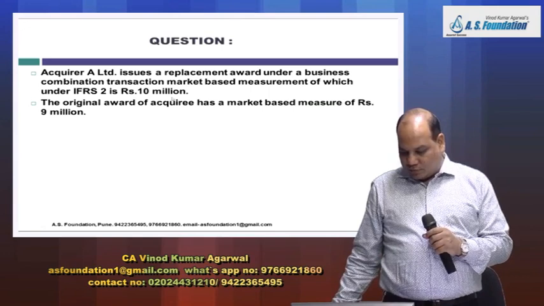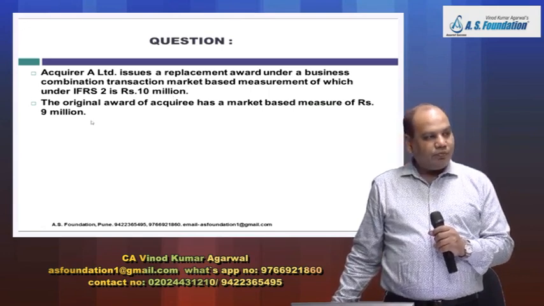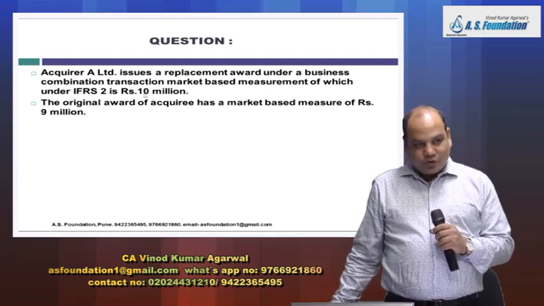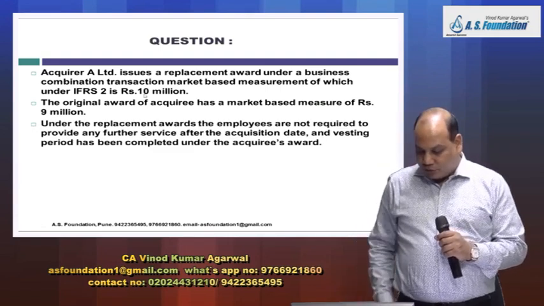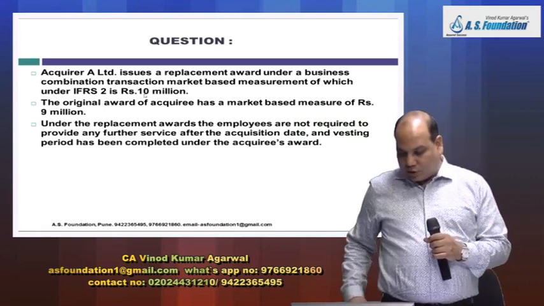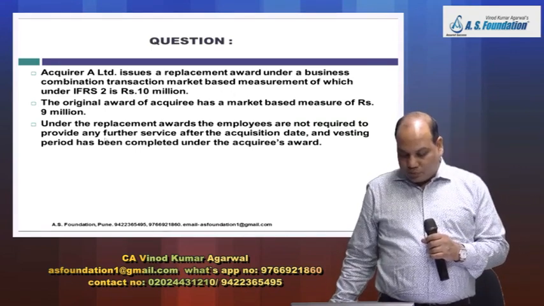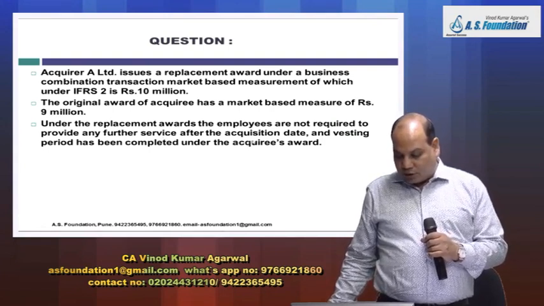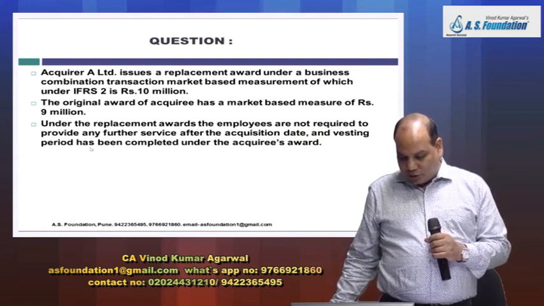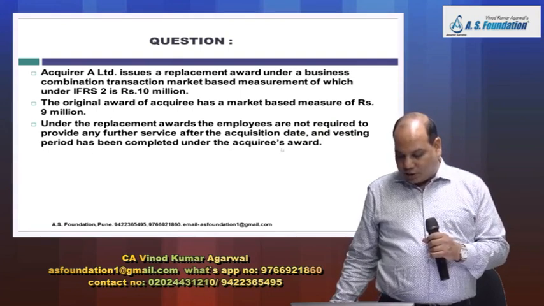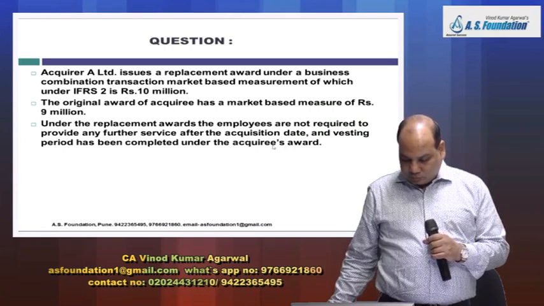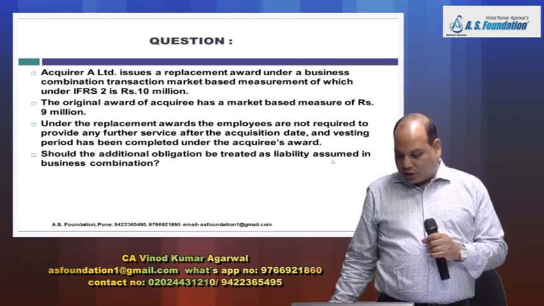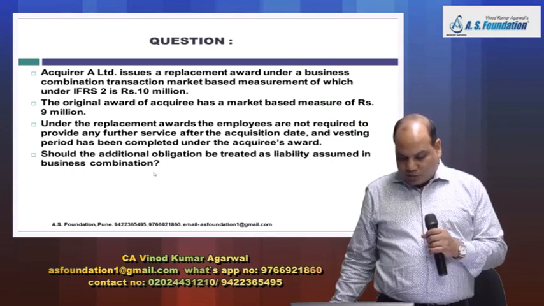So what is the difference between this 10 million and 9 million? 9 is the original award fair value, 10 is the replacement award fair value. Under the replacement award, the employees are not required to provide any further service after the acquisition date, and the vesting period has been completed under the acquiree's award. Should the additional obligation be treated as a liability assumed in business combination?